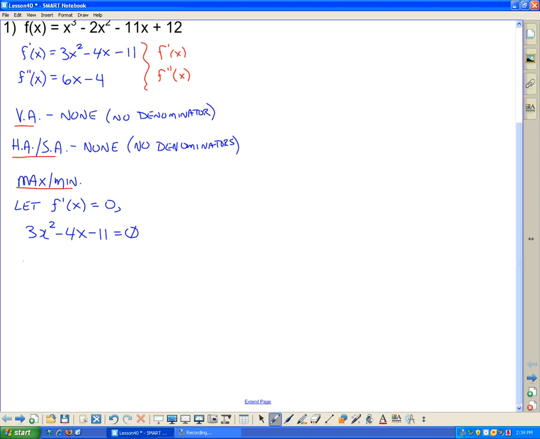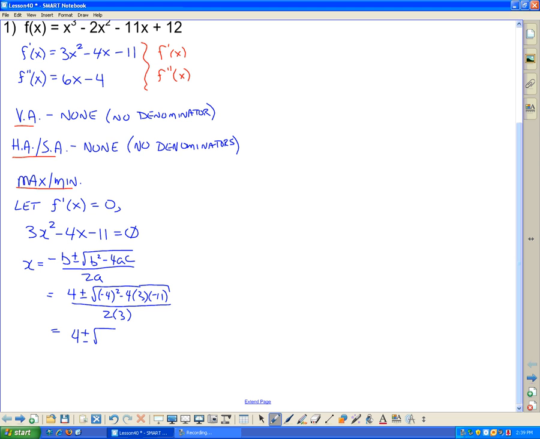So x equals, and I'll write out the quadratic formula, negative b plus or minus the square root of b squared minus 4ac, all over 2a. So we'd have 4 plus or minus the square root of negative 4 squared minus 4 times 3 times negative 11, all over 2 times 3. If this ends up being a messy number, you've got to leave it as is and work with what you've got.